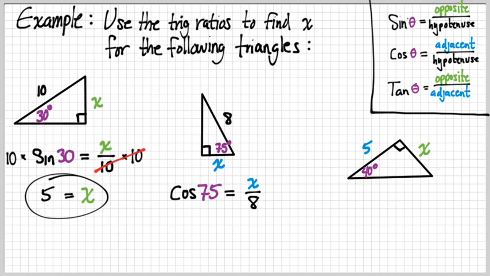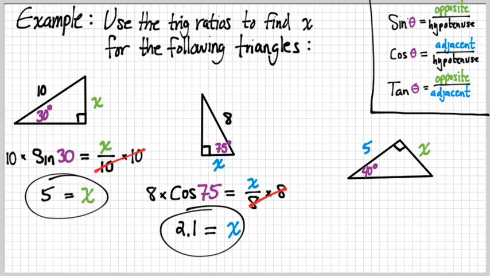Same thing as before, we want to multiply by 8 to get x by itself, so we do that on both sides. The 8s cancel. And if you type in 8 times cosine of 75 in your calculator, you get 2.1. Okay? So that's the answer.